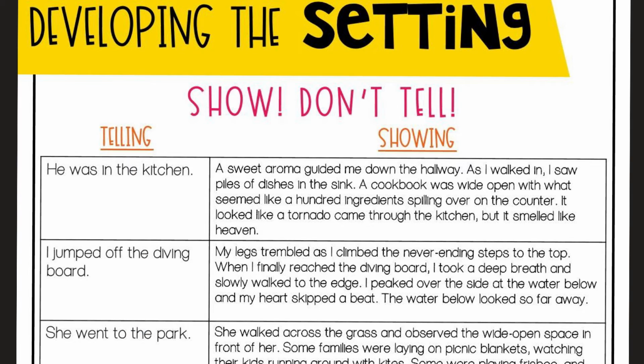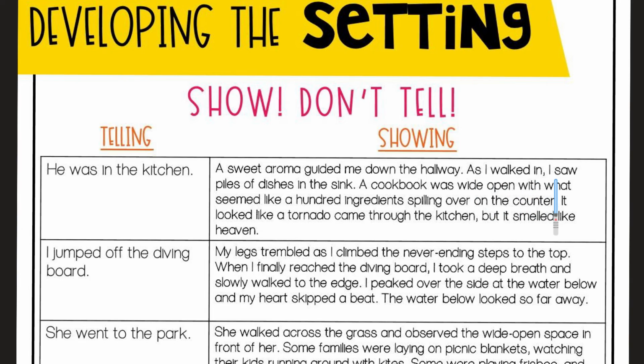But I want you to visualize, make a picture in your head when I read the showing examples. Instead of just saying he was in the kitchen, we could help all our senses feel and smell and see what's happening. A sweet aroma guided me down the hallway.